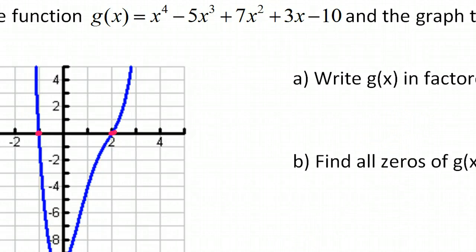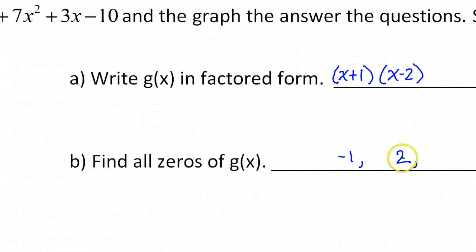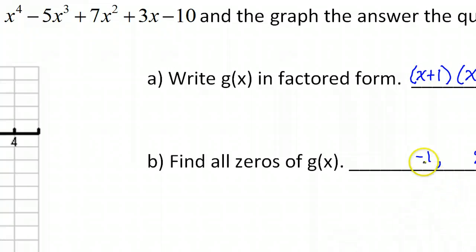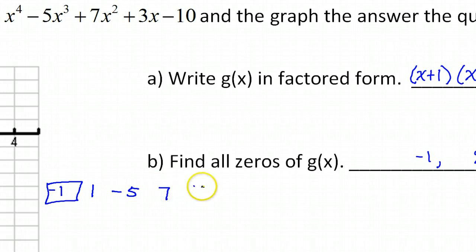Okay, well, let's use the 2 zeros we have and start doing our synthetic division. Alright, so we'll start with negative 1. Alright, so the coefficients are 1, negative 5, 7, 3, and negative 10.